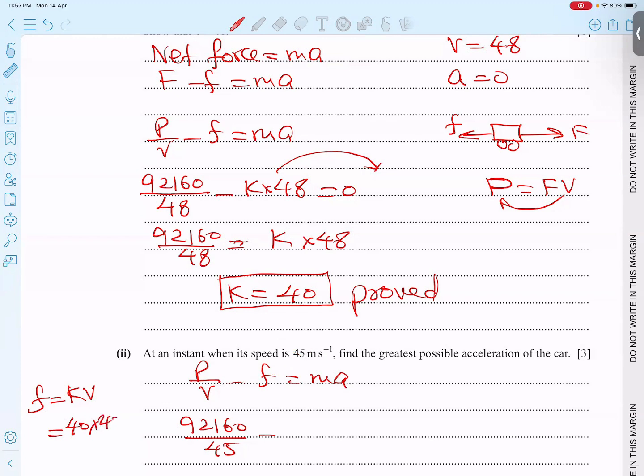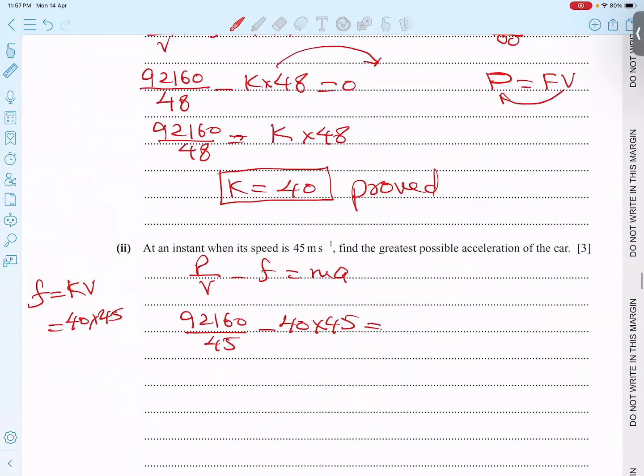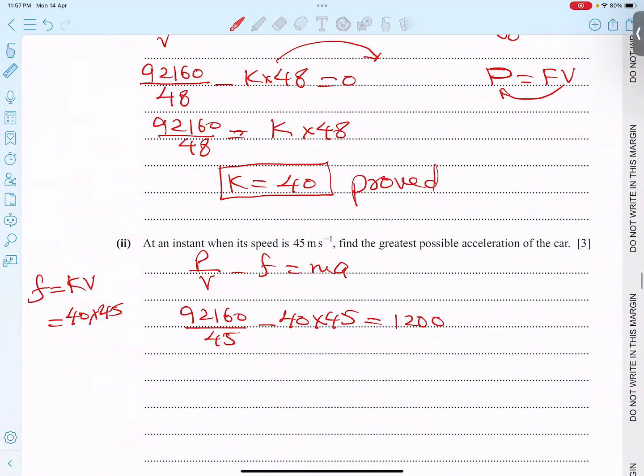So I'm writing here 40 times 45. And mass is, I think so, 1200. And acceleration is my task. Simple, type this in the calculator, divide by 1200, and I will get my answer. 92160 divided by 45 minus 40 times 45.